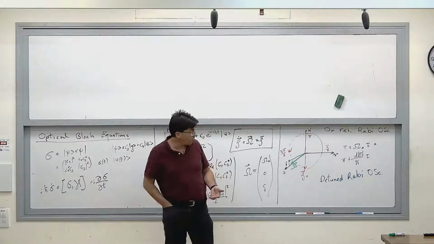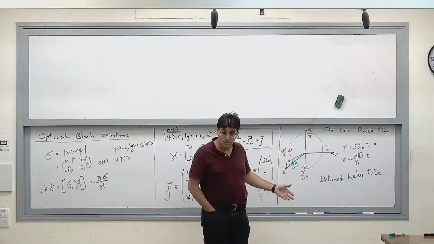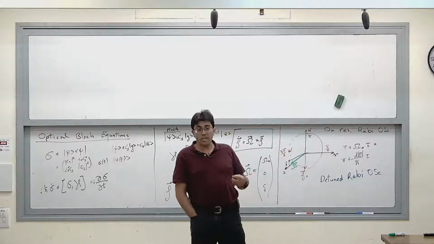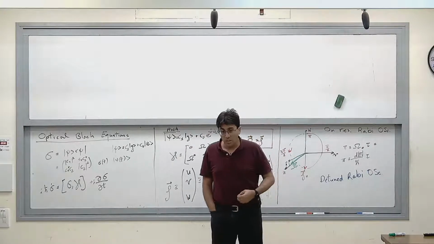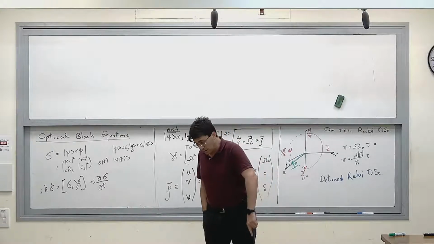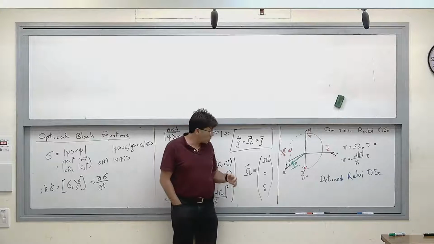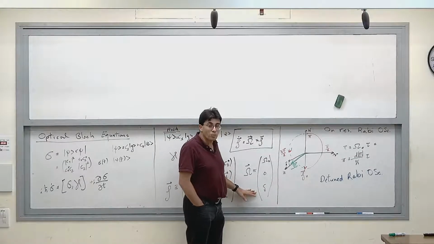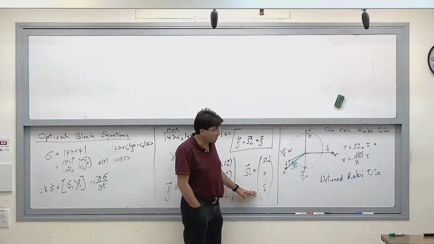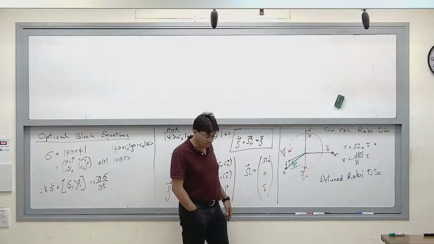If the field is strong enough, detuning is not so critical. But if the field is weak and the Rabi rate is slow, then any detuning becomes noticeable. So the question is, what is the detuning? It doesn't matter what it is as an absolute number. What matters is the detuning relative to the Rabi rate, or the other way around.